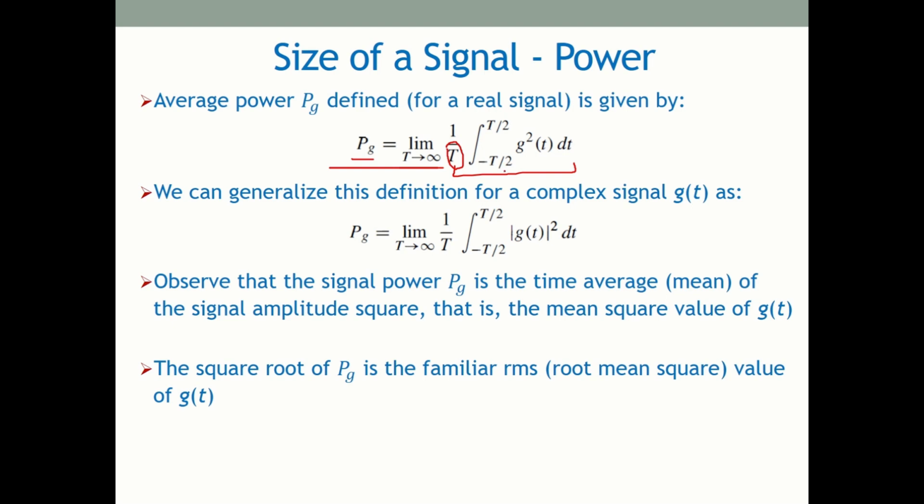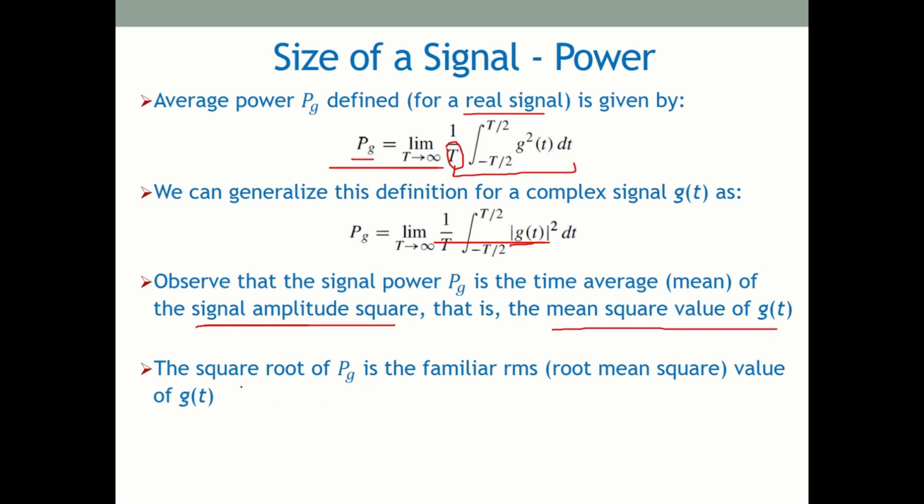Whatever the limit is, the difference between these two must appear in the denominator. This is for real signals. If we have a complex signal, then we take the modulus square of that signal to determine the power. So the signal power is the time average, or mean, of the signal amplitude squared. We can also call it the mean square value of g(t).